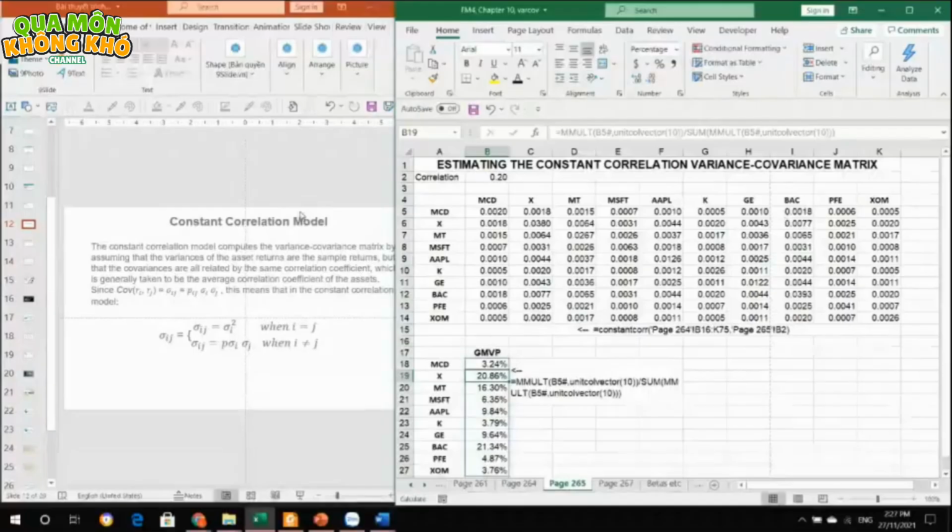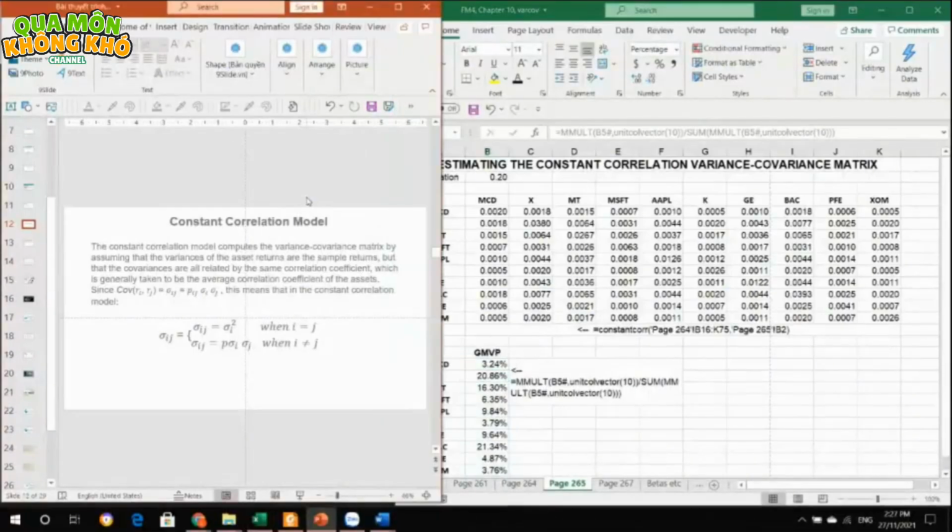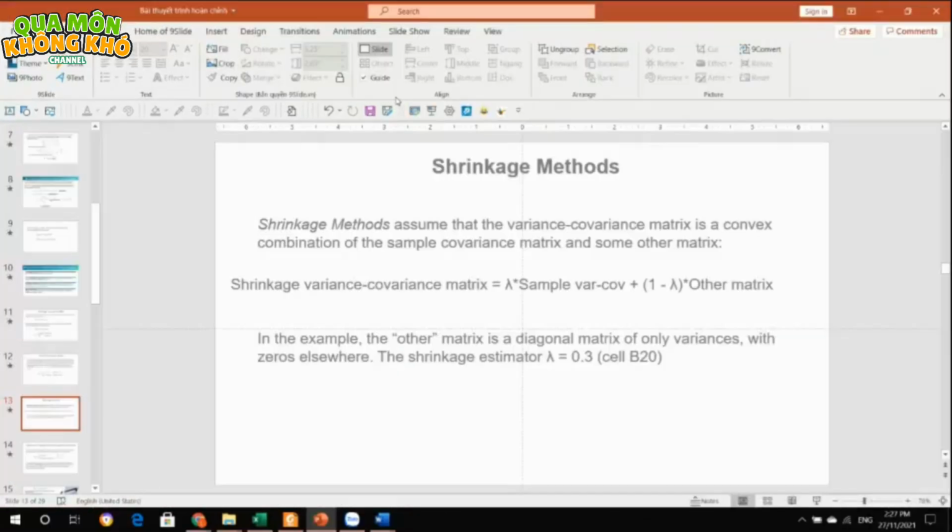All right, and we move to the next method, the shrinkage method. The shrinkage method assumes that the variance covariance matrix is a convex combination of the sample covariance matrix and some other matrix.